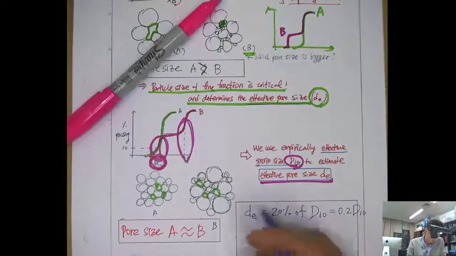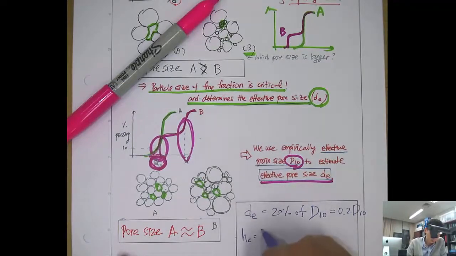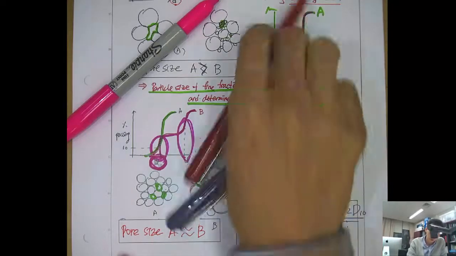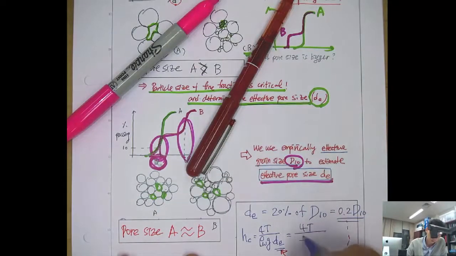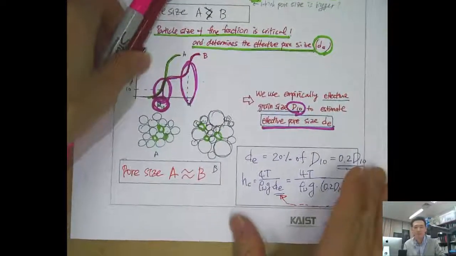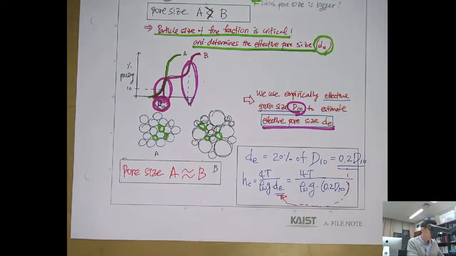Then you can plug this in for d in the equation, replacing it here, so 4T cos(alpha) over 0.2 D10. This is one empirical relation that people widely use to estimate the effective pore size, the capillary rise, and the capillary pressure.